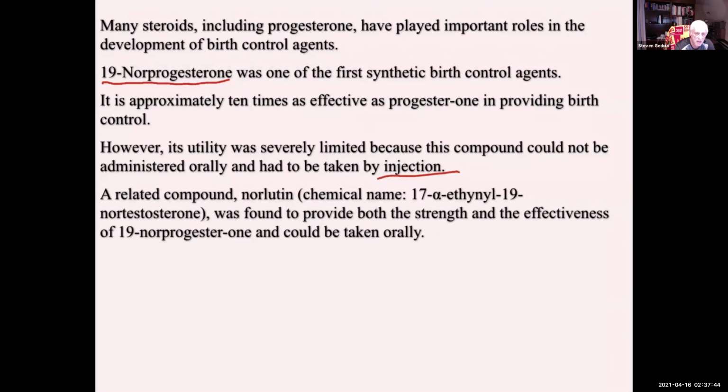But a related compound, norlutin, which has the chemical name 17-alpha-ethinyl-19-nortestosterone, was found to provide the same strength and effectiveness as 19-norprogesterone. This one can be taken orally. So that's the most commonly used now, that combination pill.